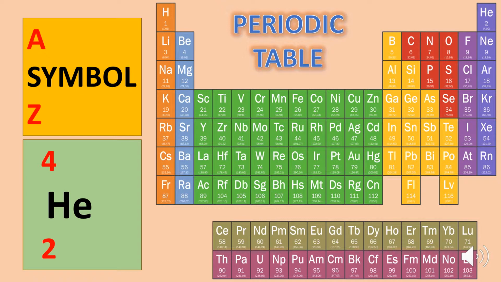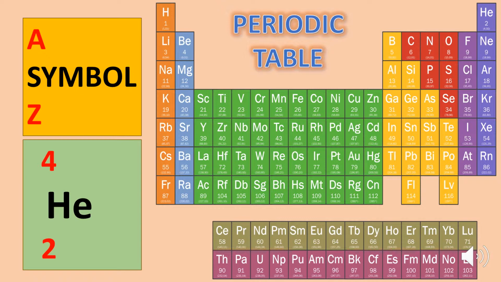Friends, as you can see here, the symbols of the elements. Right below the symbol of an element, the atomic number is written. Here I have denoted this atomic number by capital letter Z, and the mass number is denoted by capital letter A. This mass number is sometimes written above the symbol and sometimes below the symbol.